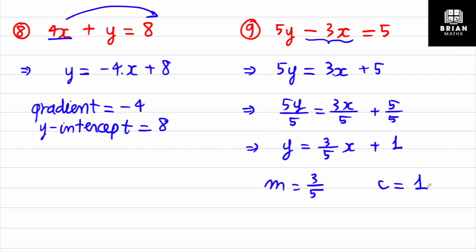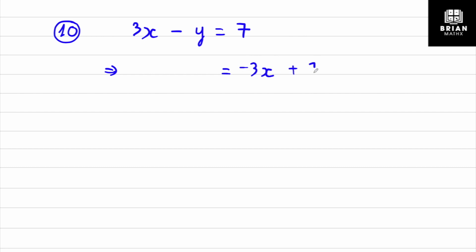Okay, and the last question, question 10. Very easy, but how can you do this? We have 7, and you should remember this example because it is very interesting. You can see I have 3x in here. I move 3x from the left-hand side to the right-hand side, and you determine -3x plus 7.